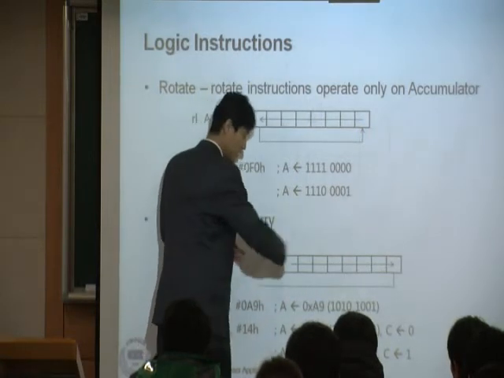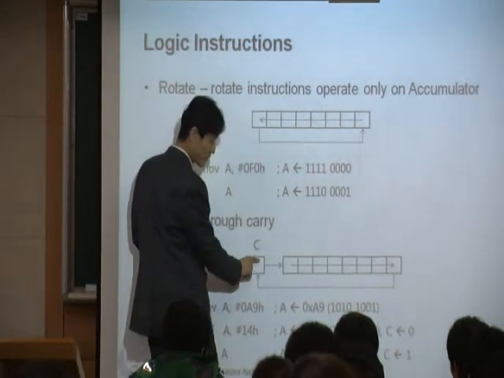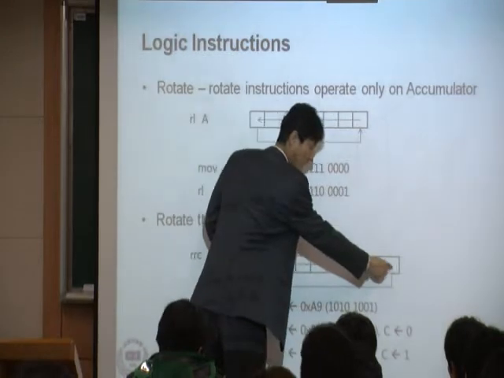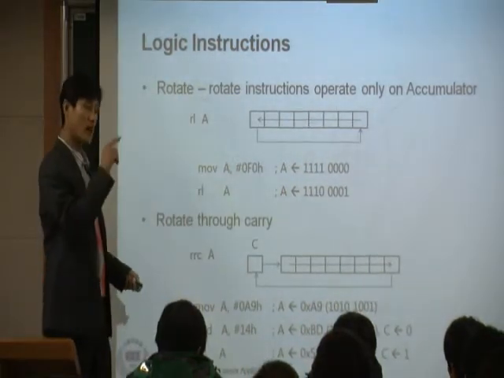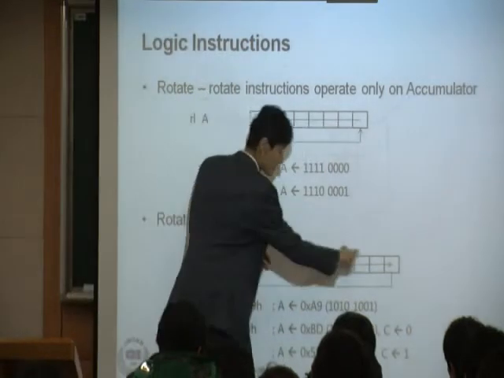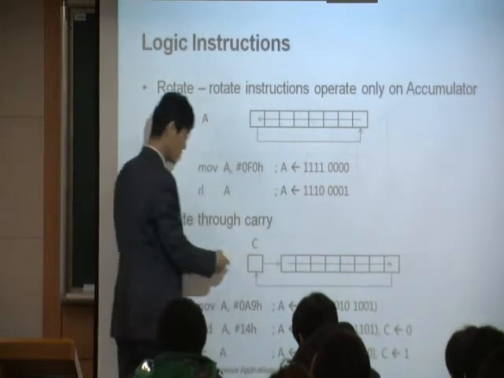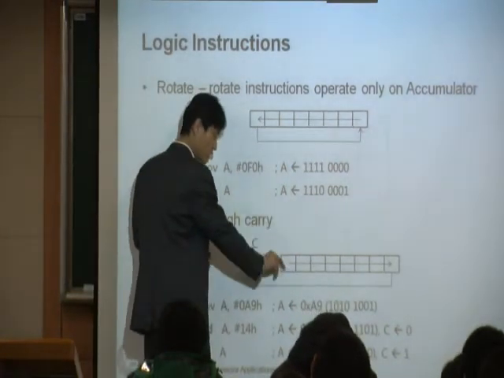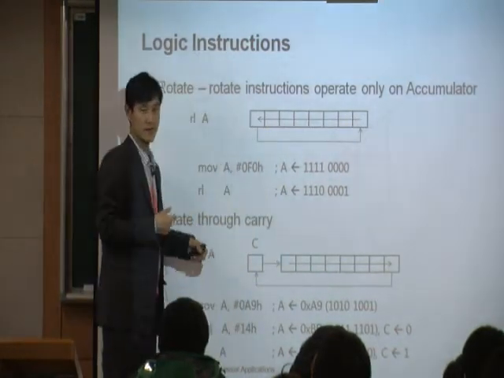And then with these 9 bits we do the rotate. So the carry flag goes here, this one moves here, that one moves here, and the last one goes to carry. So when you have RR, you have just rotation within these 8 bits. But with RRC, you put the carry here, make 9 bits, then rotate. That's RRC.